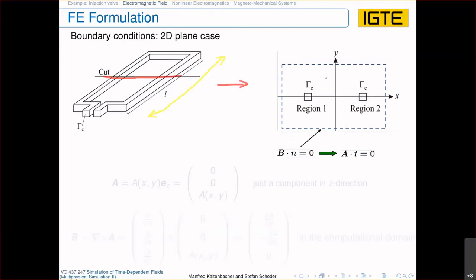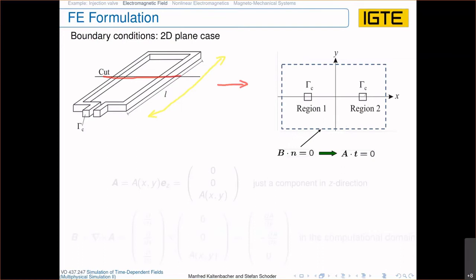In this cross section, we have in region 1 the one conductor of this winding with the current going into the plane, and on the other hand, this conductor is shown here where the current is, for example, going out of the plane.